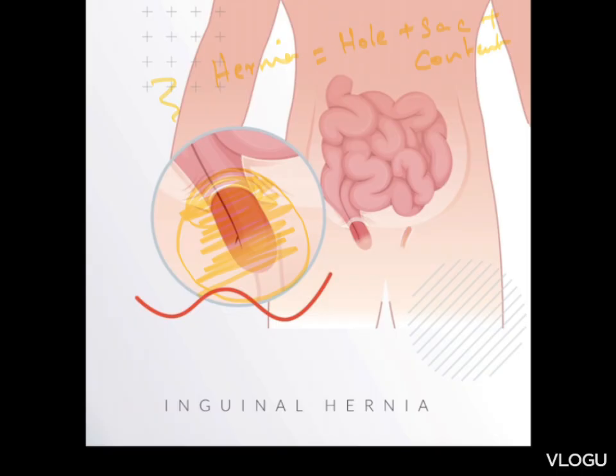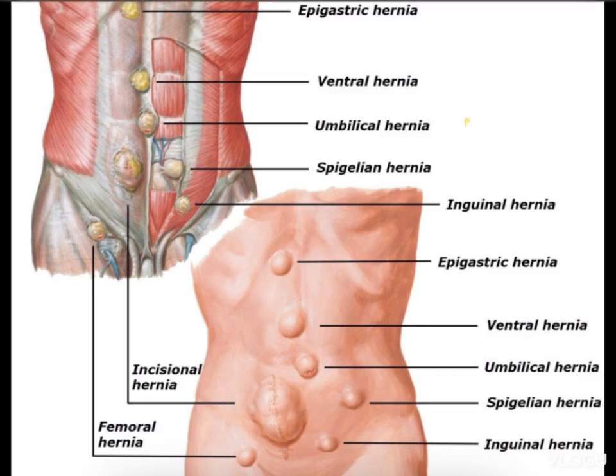Now what are the components we can see in a hernia? You can see here these are the components of hernia. We have different types of hernia, such as epigastric hernia, ventral hernia and umbilical hernia. But first there is a hernia orifice defect: the patient gets a hernia because of weakness in these muscles of the abdominal wall, and then the hernial sac, the peritoneal pouch, forms.